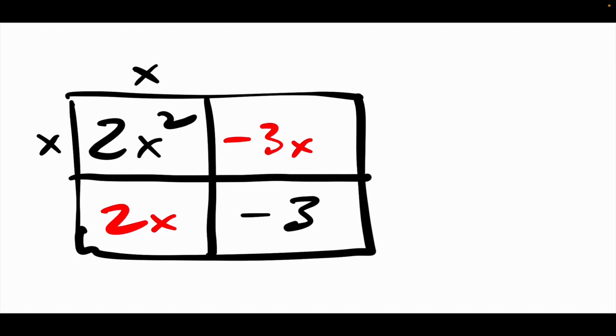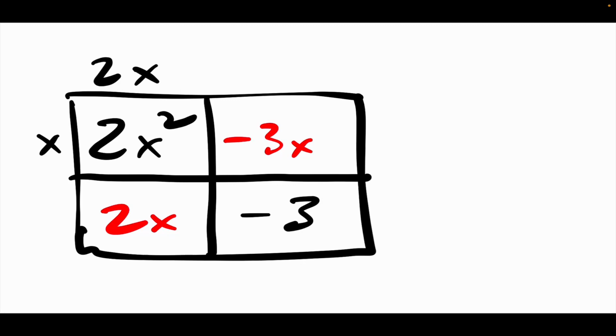How do I decide which one? Well, you're going to look down. I'm going to put 2 up here. Because 2 times +1 will make 2x, times +1 will make this guy, right?